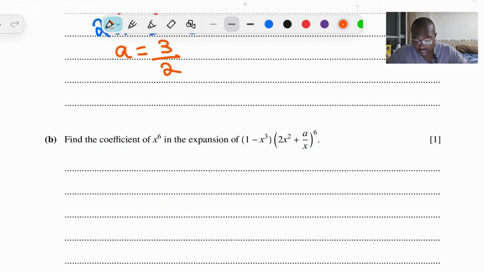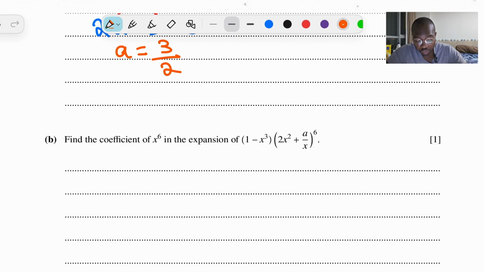So for this question, it's 1 mark, but it really should be more, I said at least 2. We need to find the coefficient of x to the power of 6 in this expansion. What they've done now is they've added this 1 minus x to the 3. So what that means is there are 2 points now where we can get x to the 6.